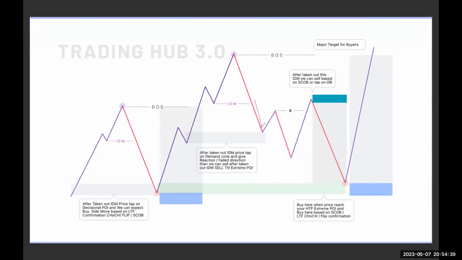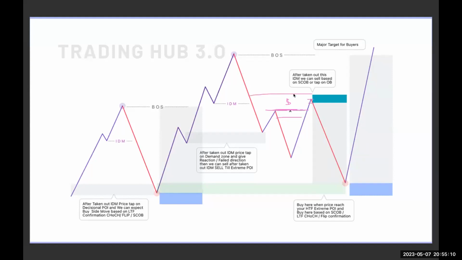If the market creates a move something like this, okay, so you can sell here because this high acts like an inducement. If the market does not create inducement here, which is already covered in the flip entry module also, this high must be taken out because this is a supply, everyone is looking here for a sell, the market grabs the liquidity, and you can sell here based on a single candle order block.